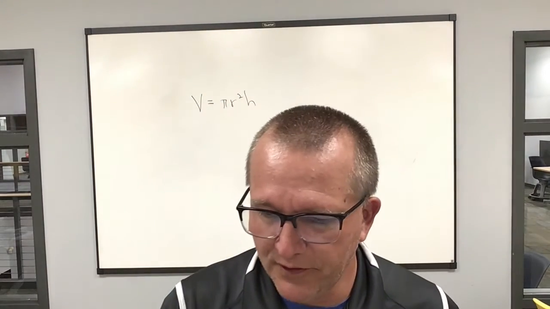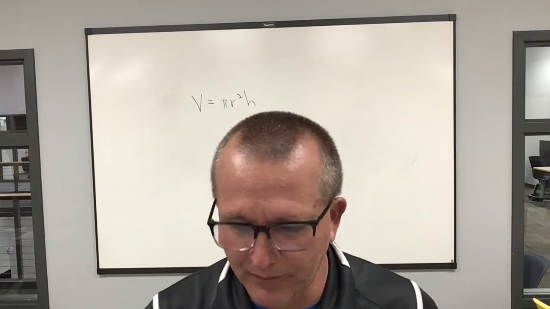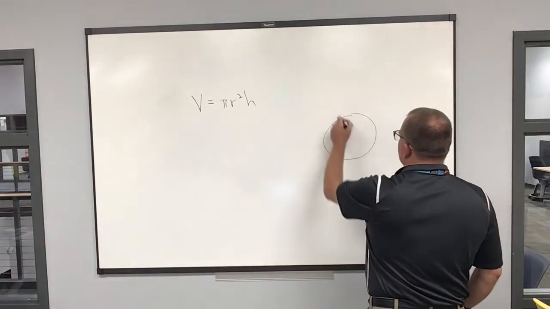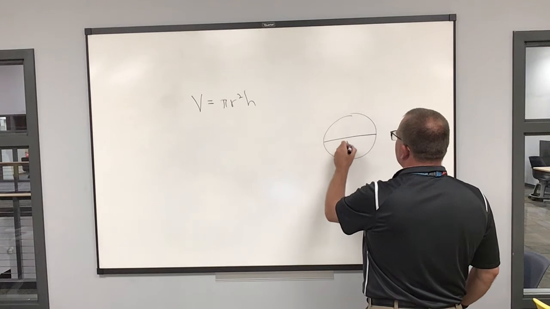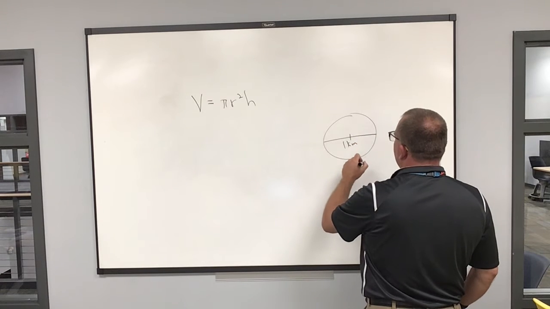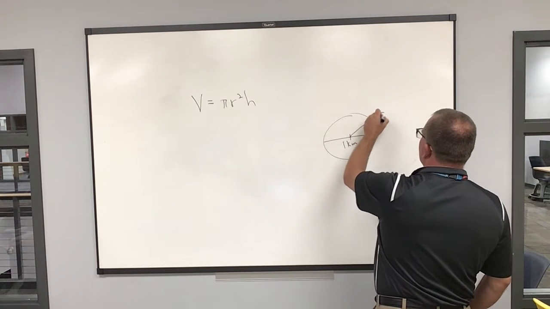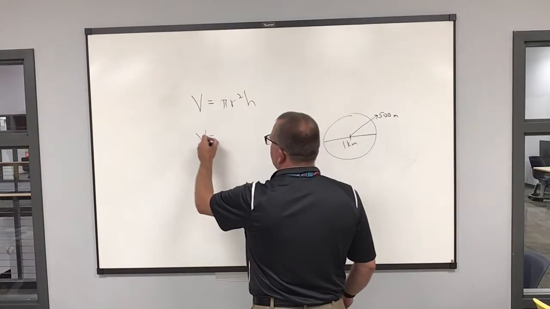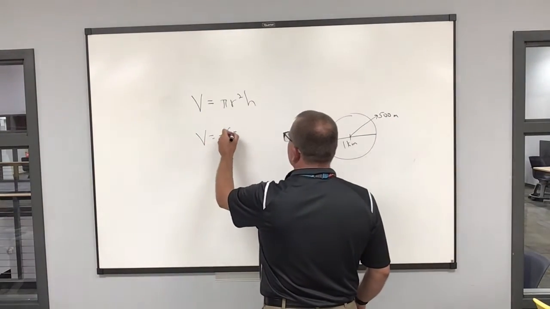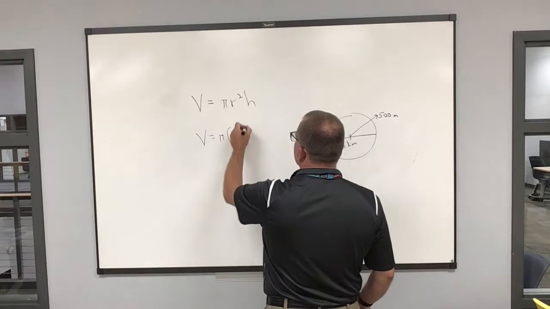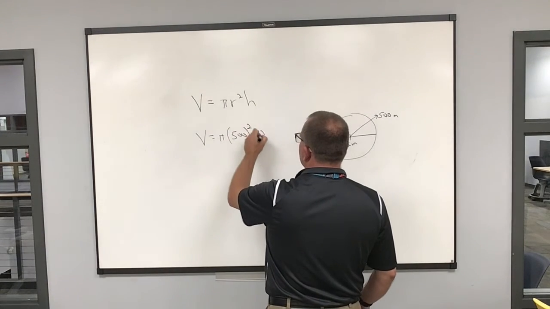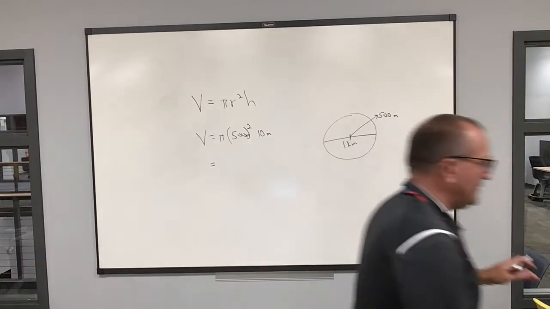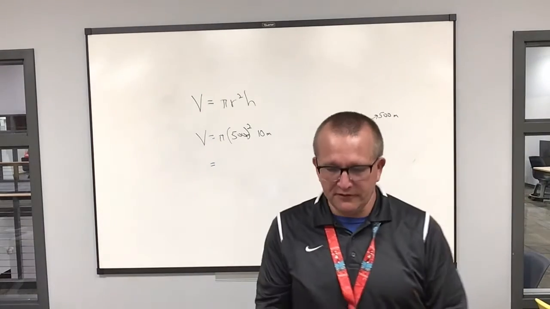So I'm going to look at the problem, and I'm going to say if it's 1 kilometer across, then it's half a kilometer, or a 500-meter radius, right? So our volume is going to be pi times 500 squared times our height, which is 10, and that's all in meters. And then it's just a matter of calculating.